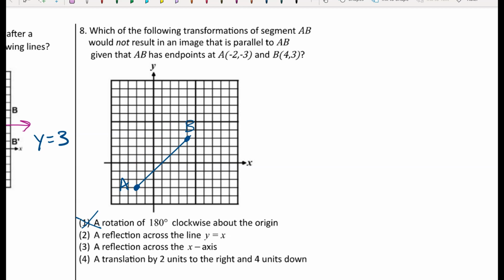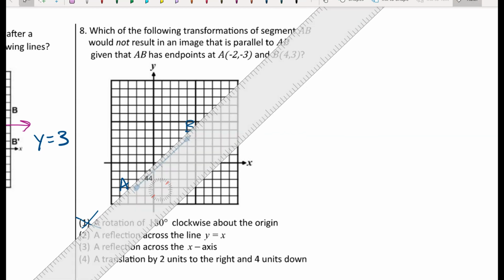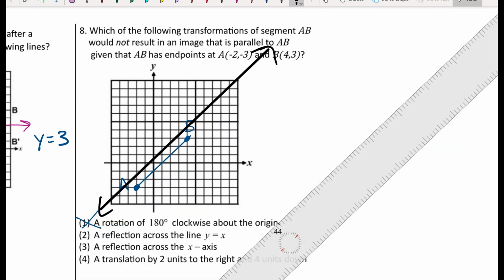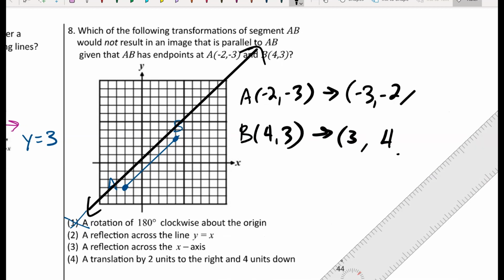I could go through all of these. If I reflect over the line y equals x, remember that's this line right there. It goes to the origin, looks something like that. And if I do a quick rule application to those points, remember reflecting over y equals x is just swapping the points, so I'd have negative 3, negative 2, and 3, comma 4.